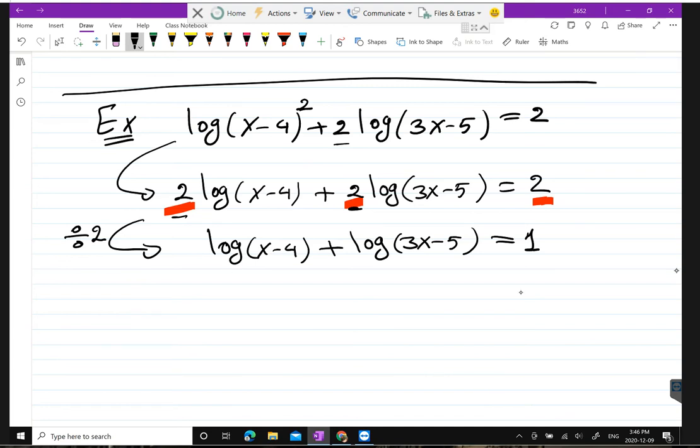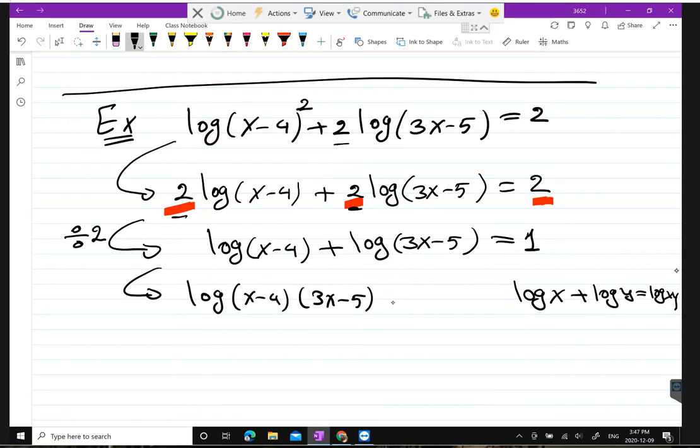And now logarithm of x plus logarithm of y is the same as log of xy, right? The logarithm of xy. Okay, so from here you can say that the logarithm of (x minus 4) times (3x minus 5) will be equal to 1.